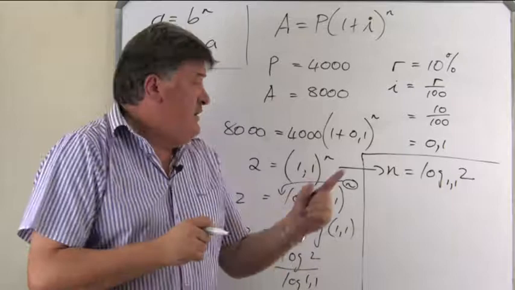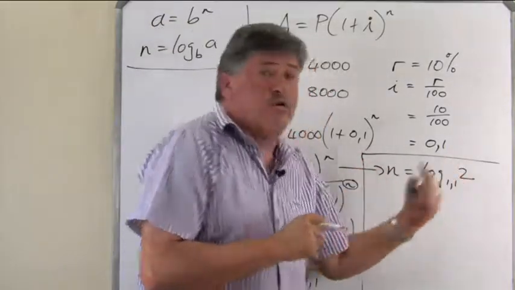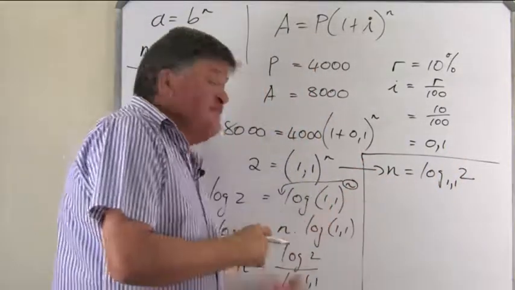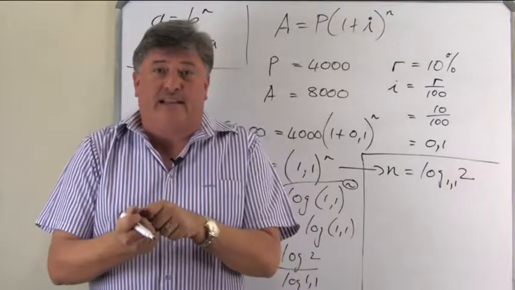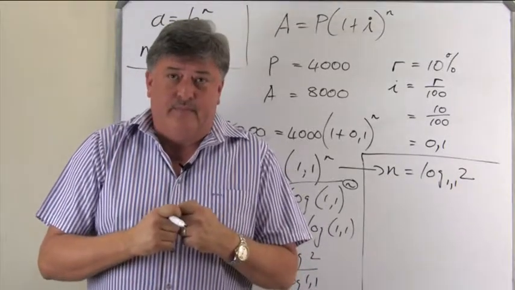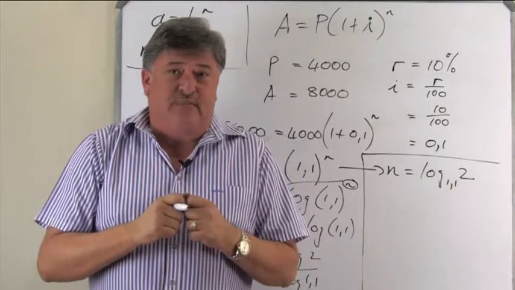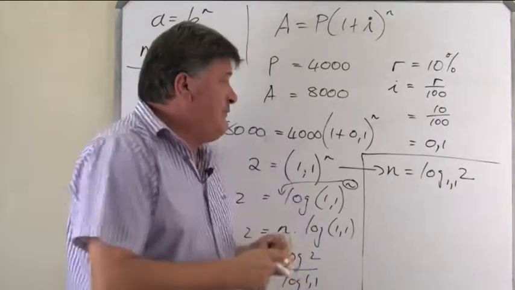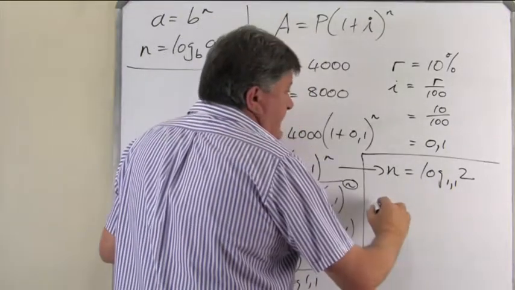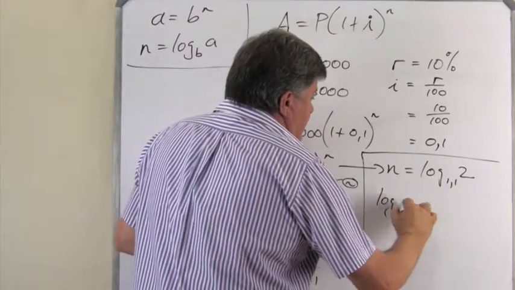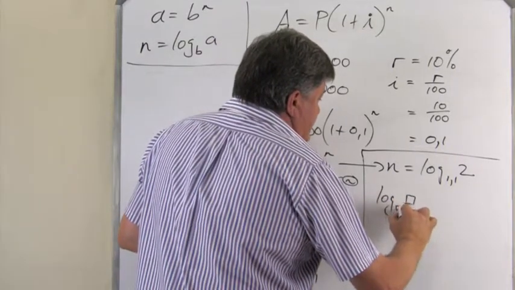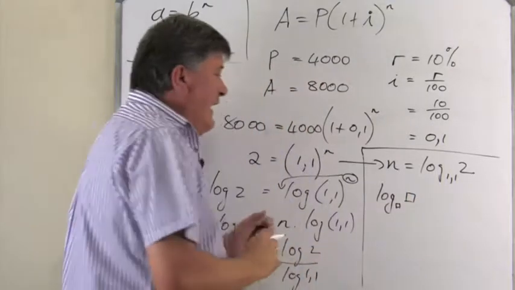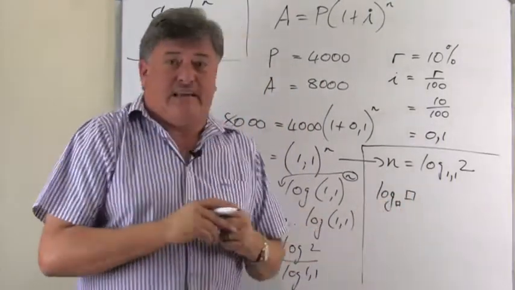Please take note that this is only one log. In the previous method, we used the log button where the base is 10. Now you can't use that button. You must use the other button, and on most calculators, this log button has a little square at the value and at the base.